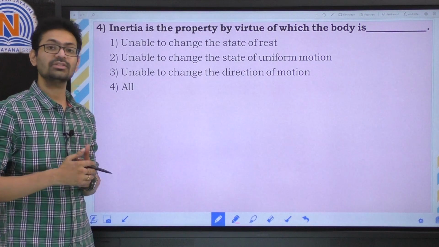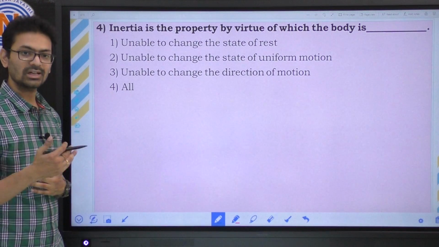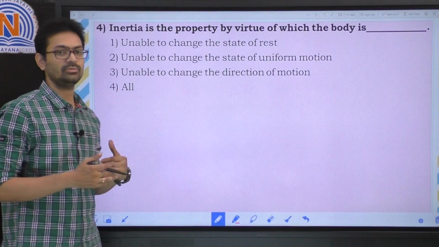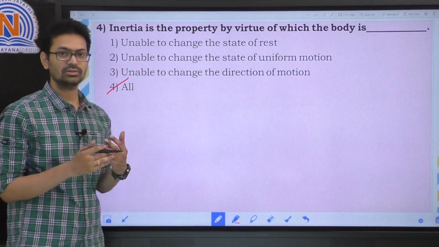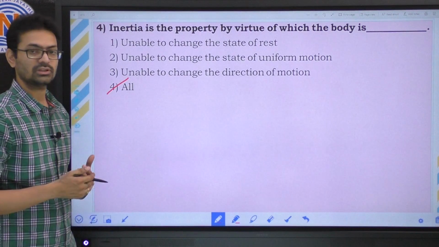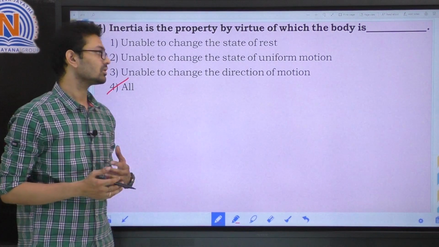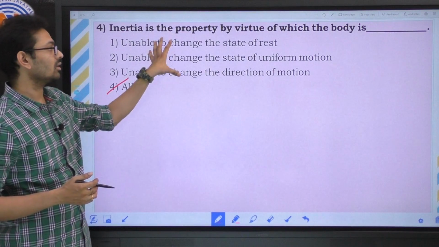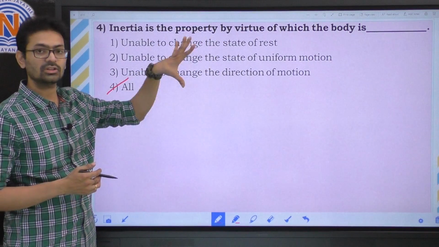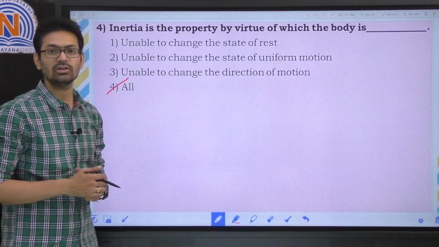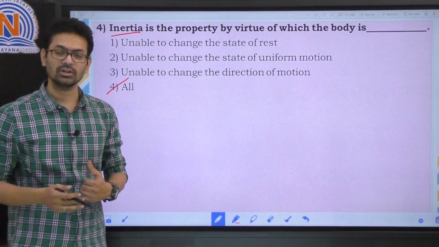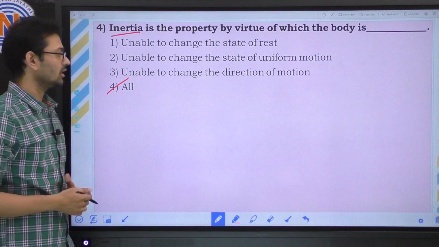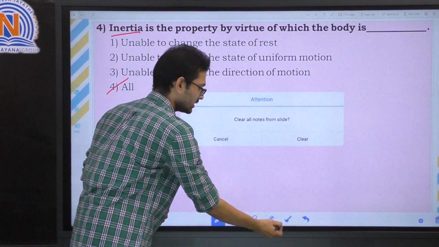These are different types of inertias. So the answer is option 4, which is all of these. They all come under inertias only. Now I hope this is helpful. Let us get into the next question.